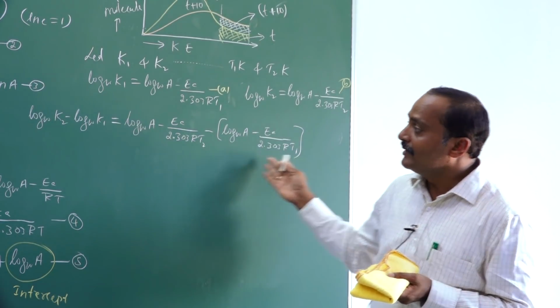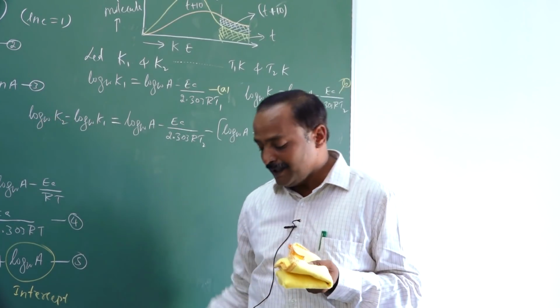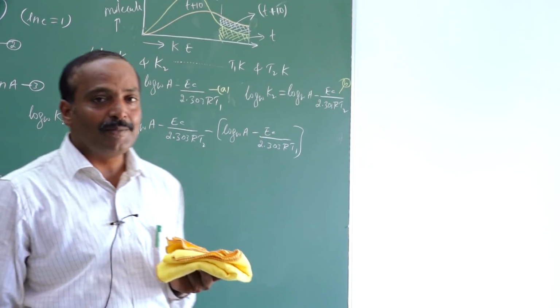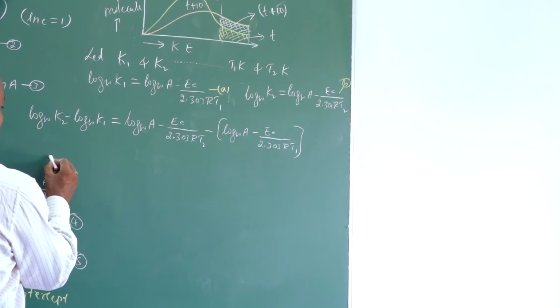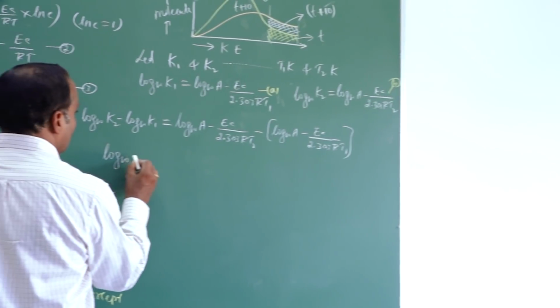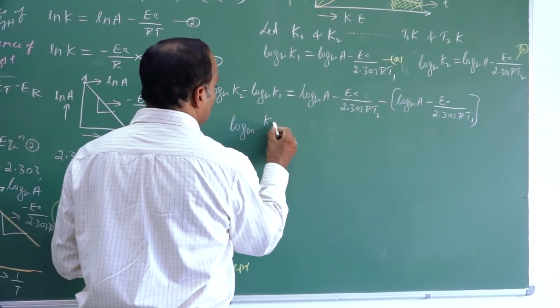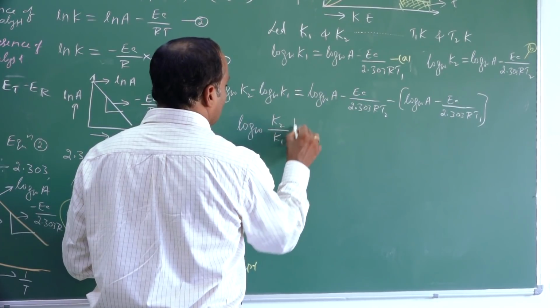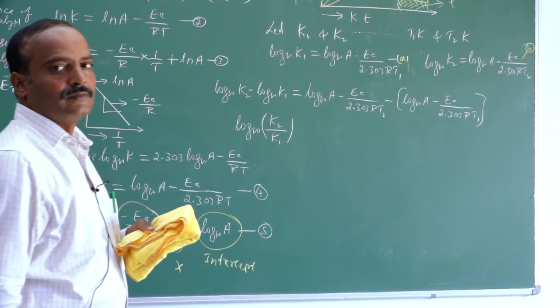Then log A minus log B means log base 10 K2 divided by K1. Is it clear?